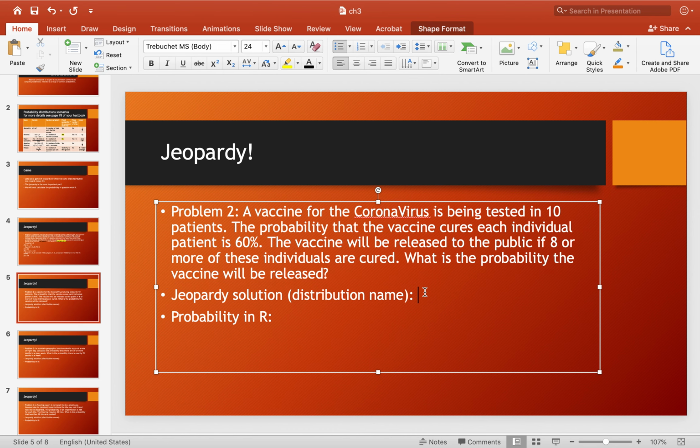Okay, so the first thing we need to do is determine the distribution. So I'm going to write down my random variable. X is going to be the number of cured individuals.